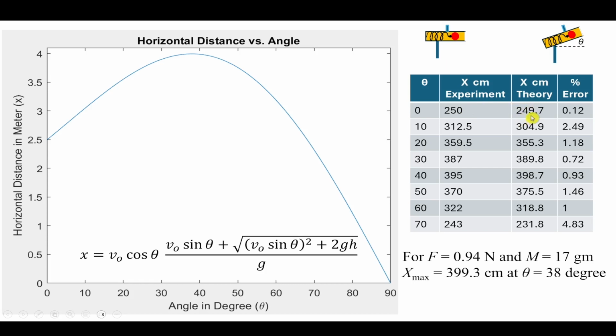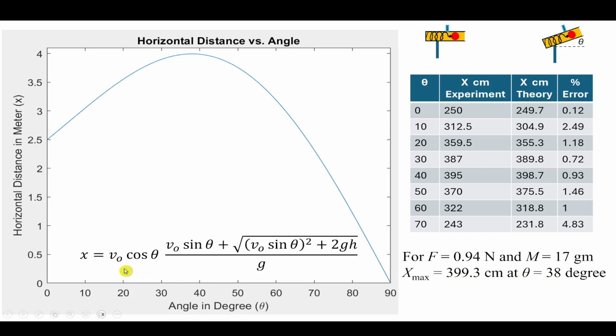Theoretically, it's 249.7. So the difference between them is less than 1%. It's like 0.12%. If you look at this, the experimental data and the theoretical data look very, very close. From this curve, the maximum distance traveled is 399.3 centimeters at an angle of 38 degrees.